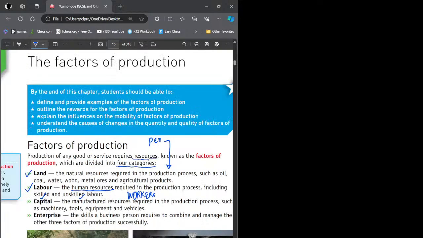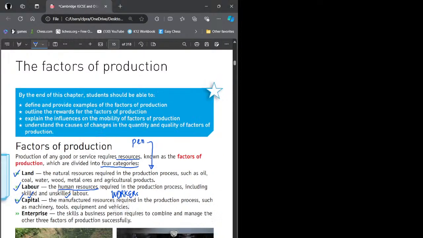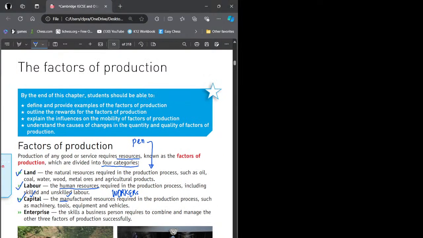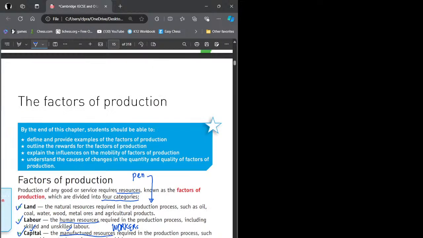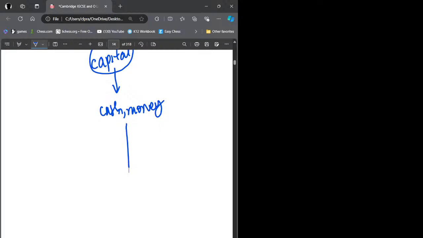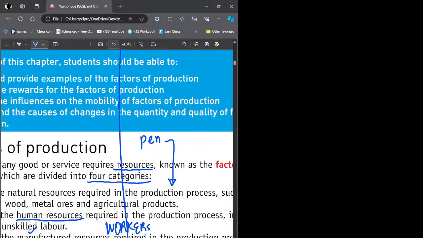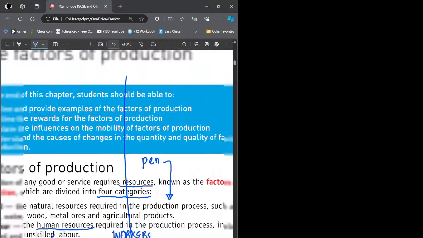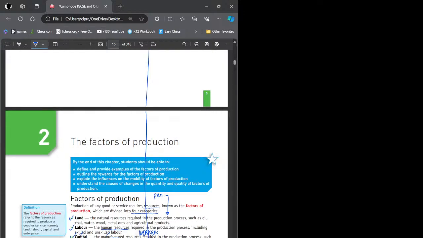Then we have capital. Capital is the manufactured resource required in the production process, such as machinery, tools, equipment, and vehicles. Now, when you talk about capital, we usually think this relates to cash, money, and all that. But in the factors of production context, it's not referring to money or cash.